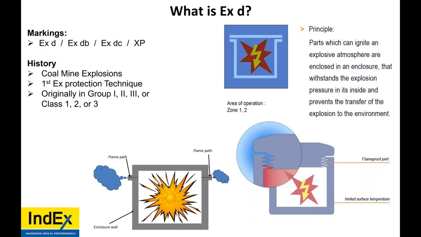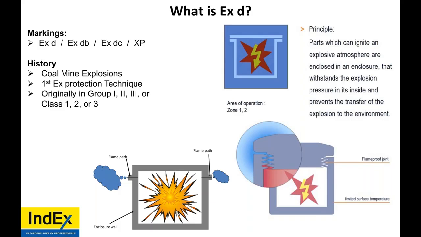But should there be an explosion, an arc or spark which causes an explosion, the construction of it is it will contain that explosion sufficiently where it will not crack, but the overpressure will be allowed to bleed through a specifically designed gap, the flame path gap. Now, by that gap being really small, any of the particulate carbon from the explosion will not squeeze through that gap.